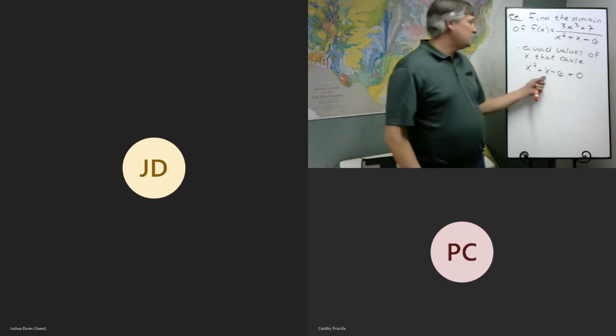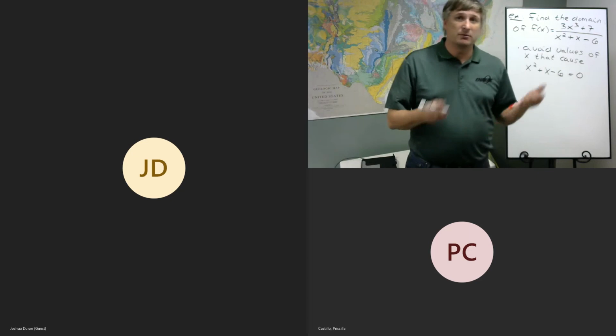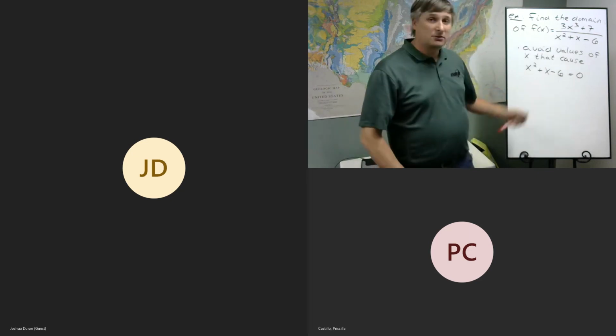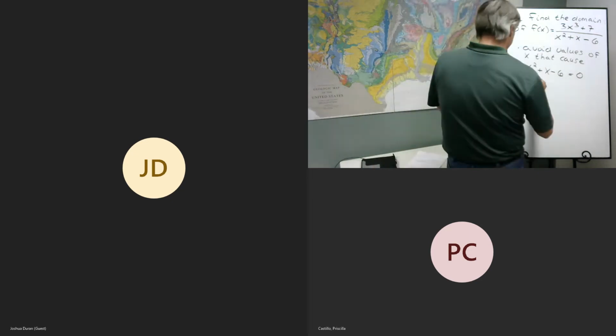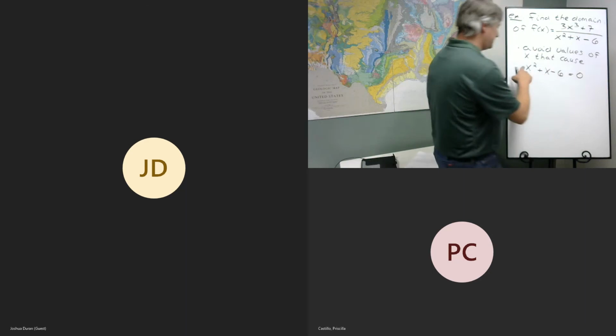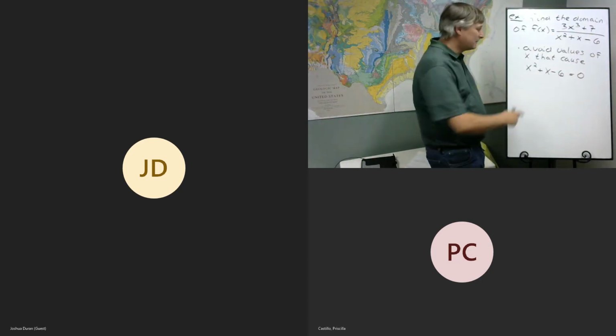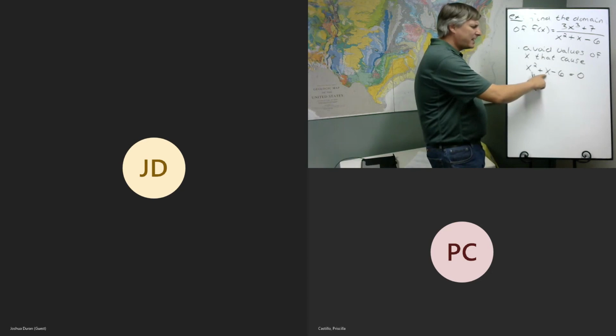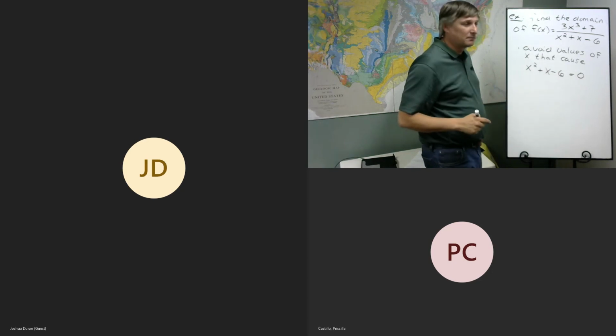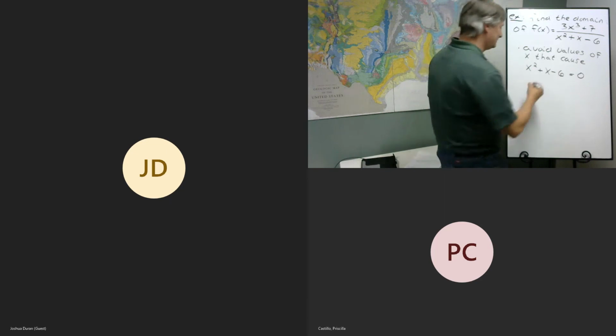So what we're going to do is, using that zero product principle from last chapter, let's solve for x. Now what we need, this is a visible 1, so it's going to be guess and check method. We need two numbers that add up to 1 and multiply to -6. Well, that would be 3, -2.